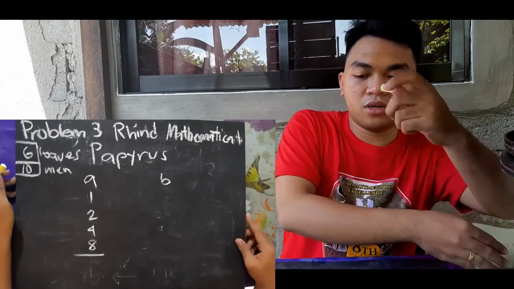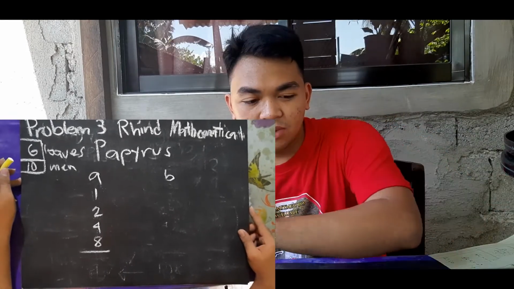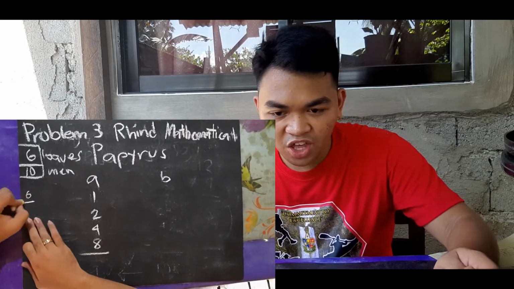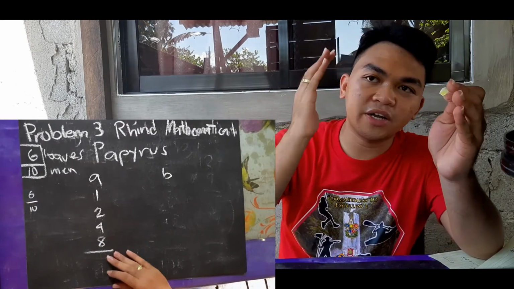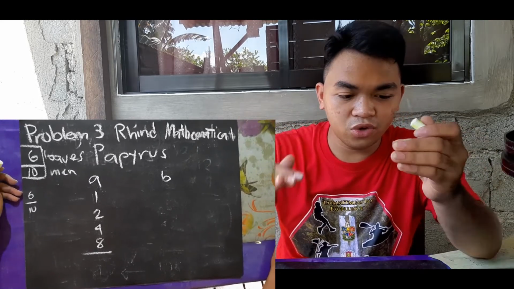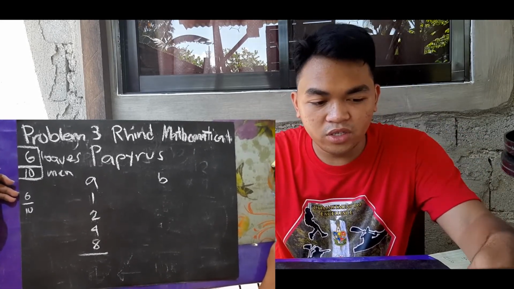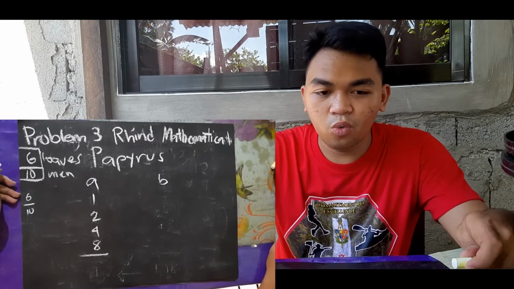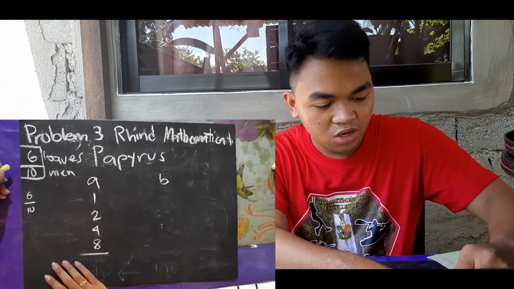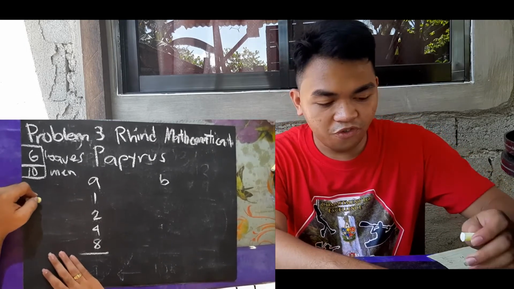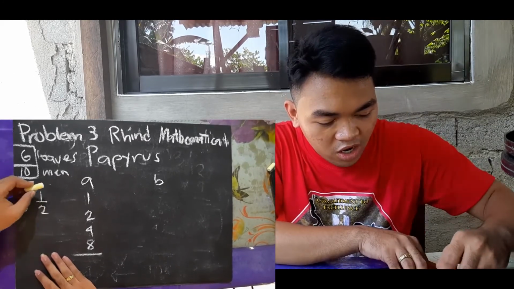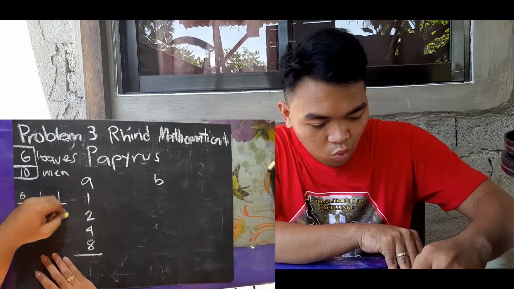And in column B, first we should find the factors of 6 over 10, because in the Egyptian way they did not exceed their numerator of 1. They always use the numerator 1. So if your fraction is 6 over 10, we should factor it. The factors of 6 tenths are 1/2 and 1/10.